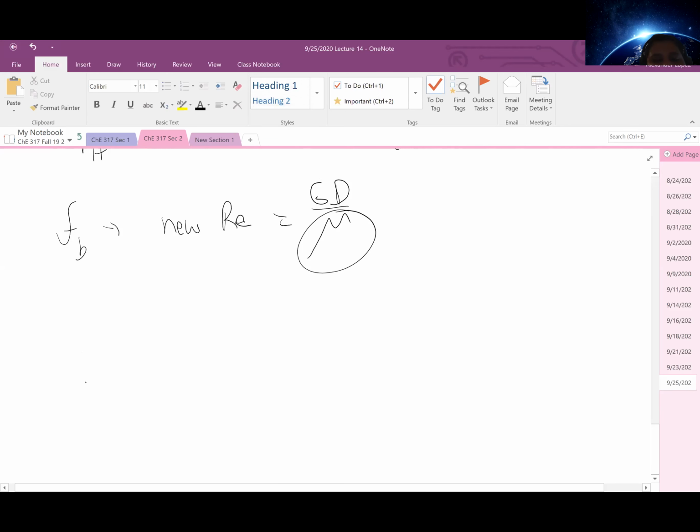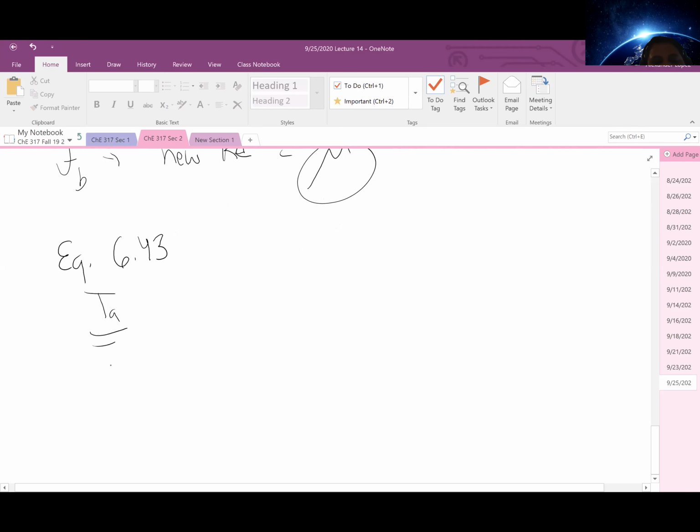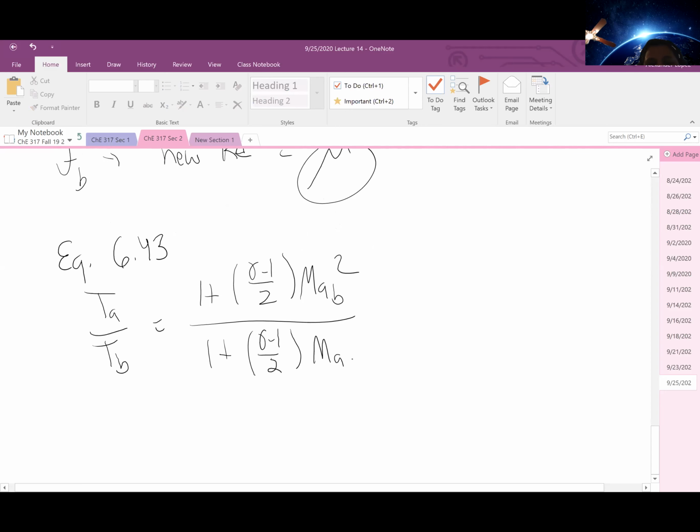Well, from equation 6.43, TA over TB is equal to 1 plus gamma minus 1 over 2 times the Mach number of B squared, over 1 plus gamma minus 1 over 2 times the Mach number of A squared.